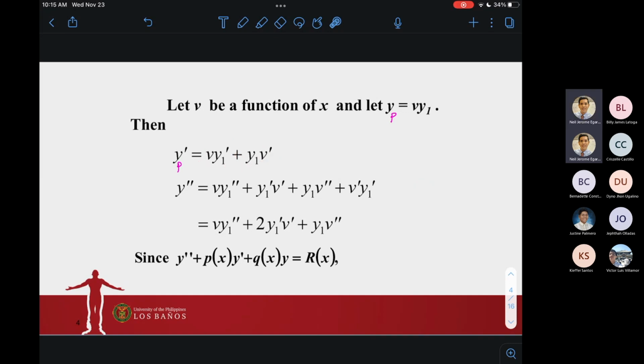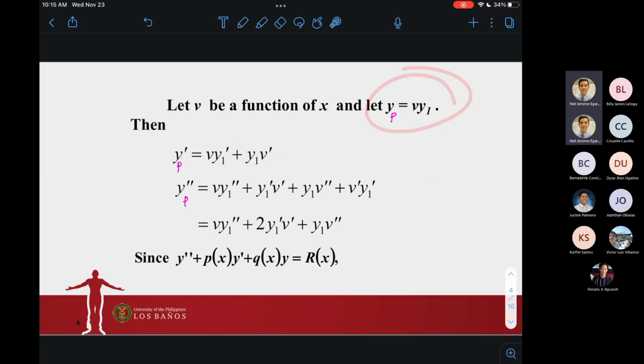Okay? And since I am hoping that y sub p is a particular solution to the non-homogeneous GLDE, I want this to happen. I want this y sub p to solve our non-homogeneous GLDE.